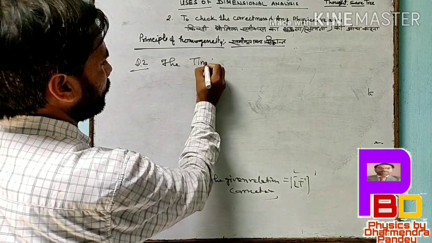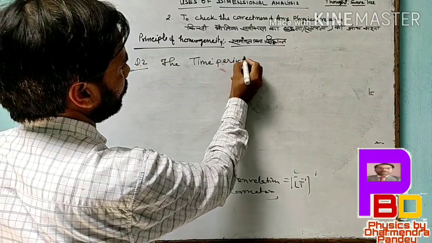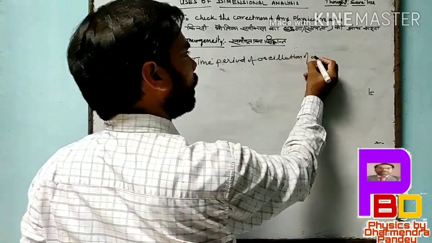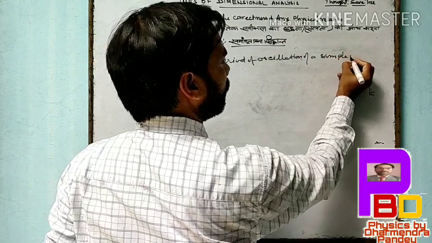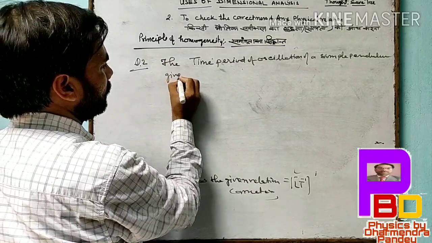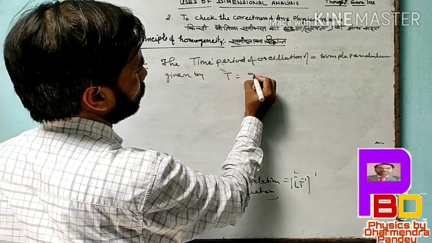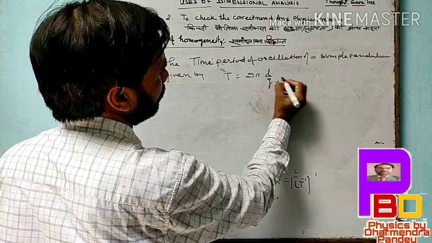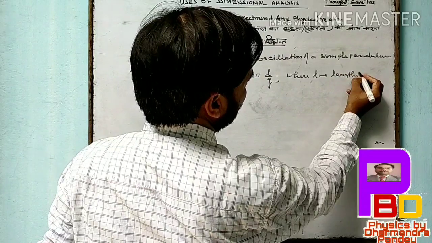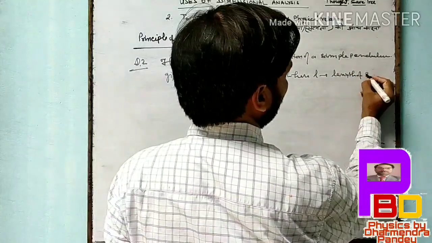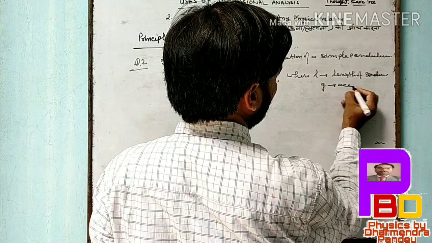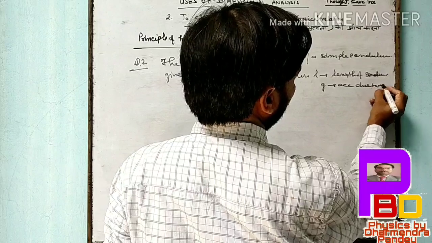The time period of oscillation of a simple pendulum is given by T is equal to 2 pi root L upon G, where L is the length of the pendulum and G is the acceleration due to gravity.